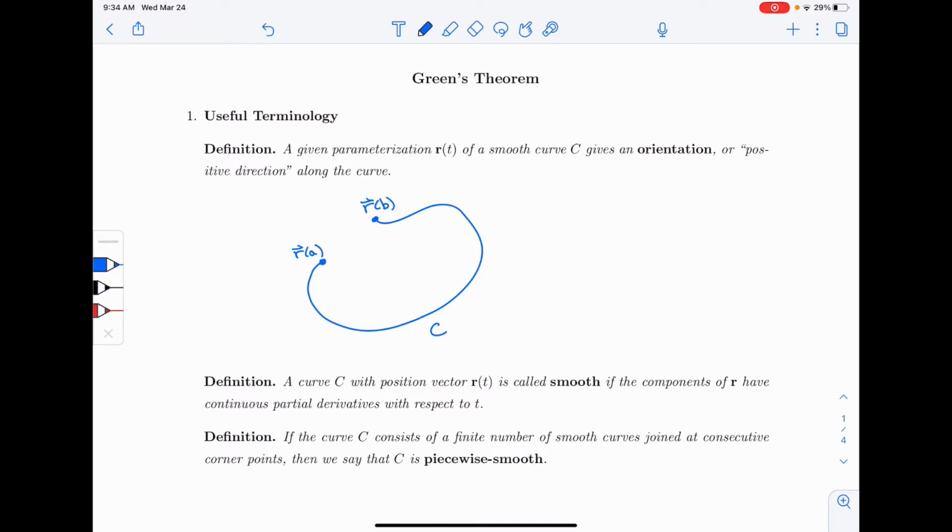And then the direction going from a to b is going to give us the orientation of our curve.